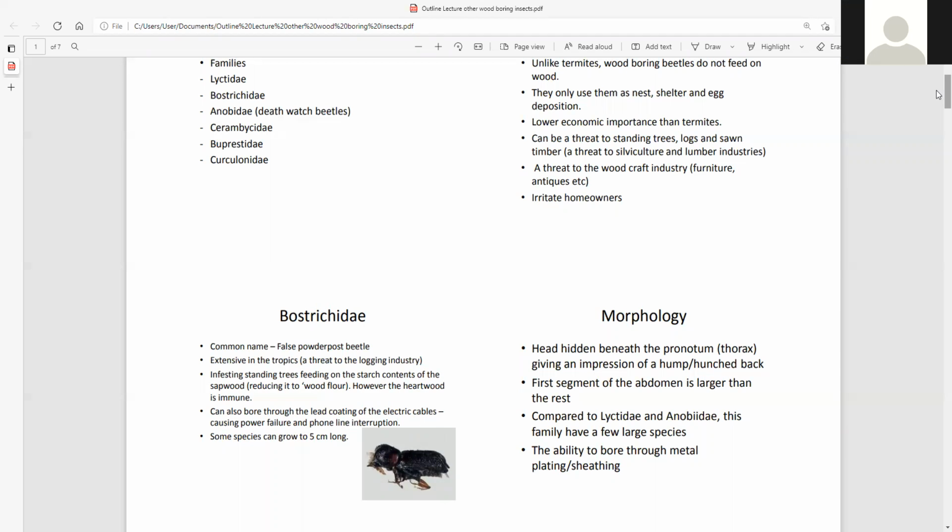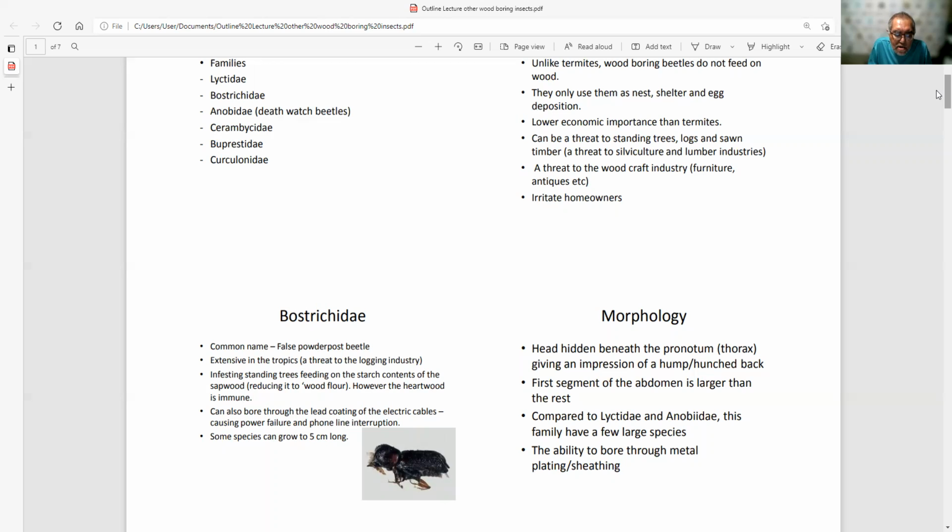And as you know, insects are poikilotherm, maksudnya dia bukan berdarah panas, and so they are attracted to the warmth, and so they bore the cables.